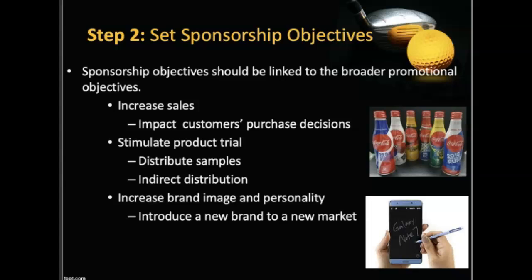This is normally called a direct objective. It is sometimes easy to measure, particularly increased sales numbers. You can see what the sales number was before the sponsorship and what it looks like after, and see whether it has increased or not. So that's a direct objective.